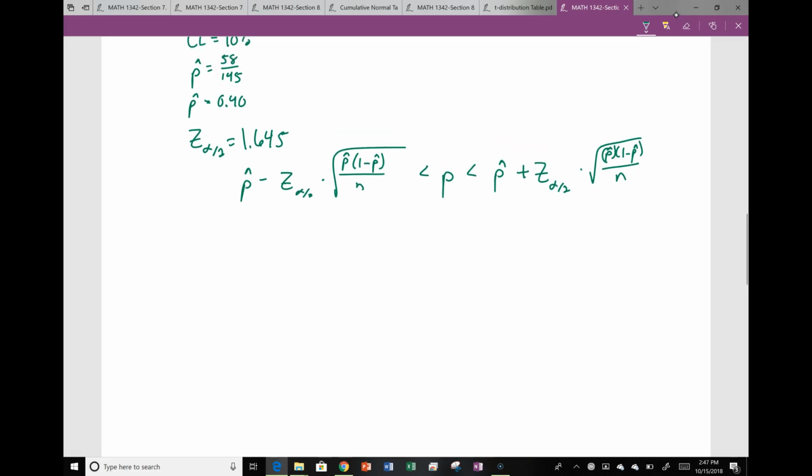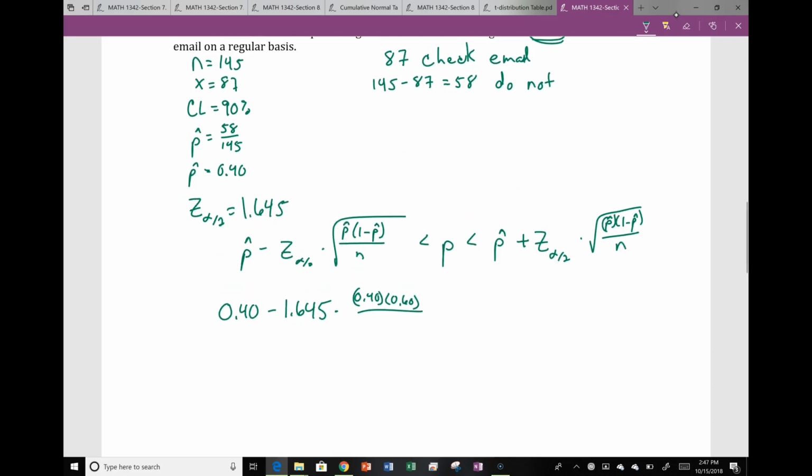So our p hat was 0.40, so we're going to do 0.40 minus our z, which was 1.645, times p hat again, which was 0.40, times 1 minus p hat, 1 minus 0.40 is 0.60, divided by our sample size n of 145, and don't forget to take the square root of that value.